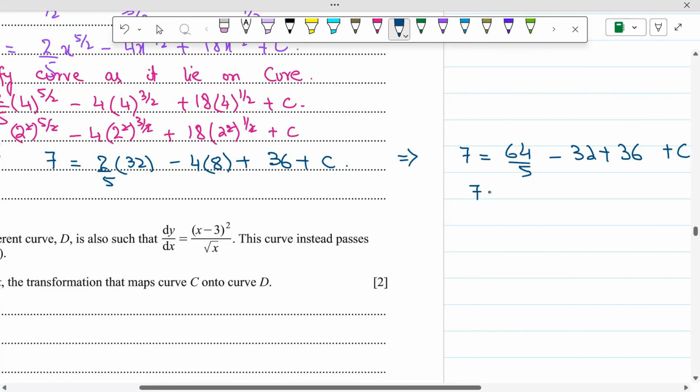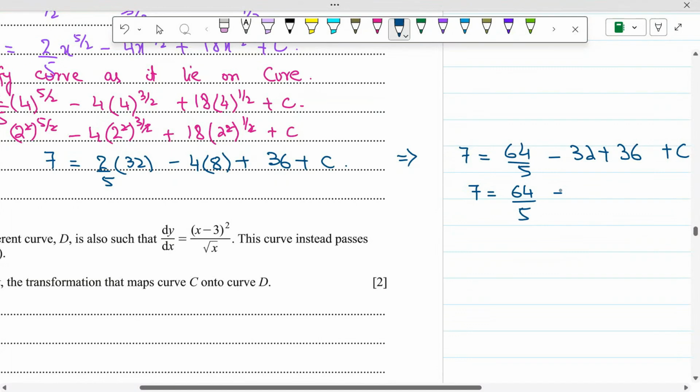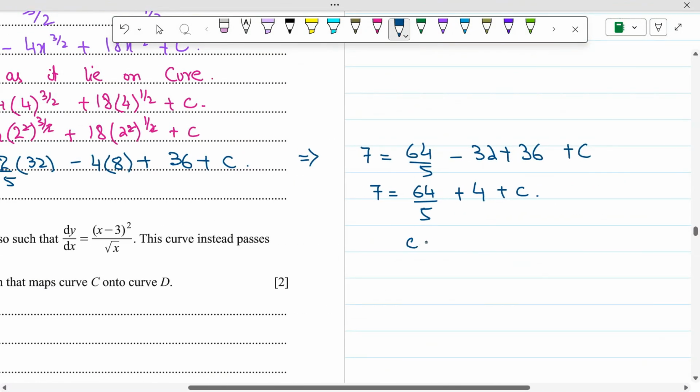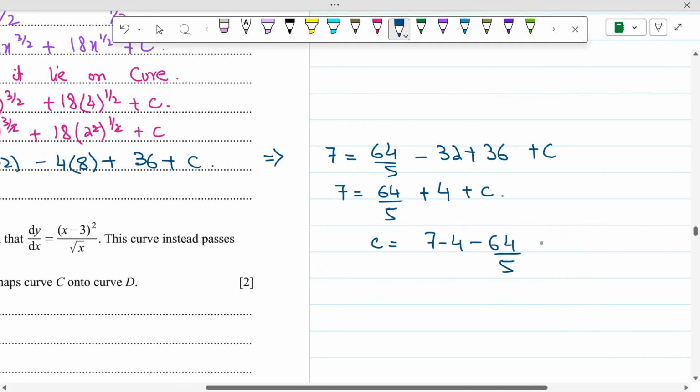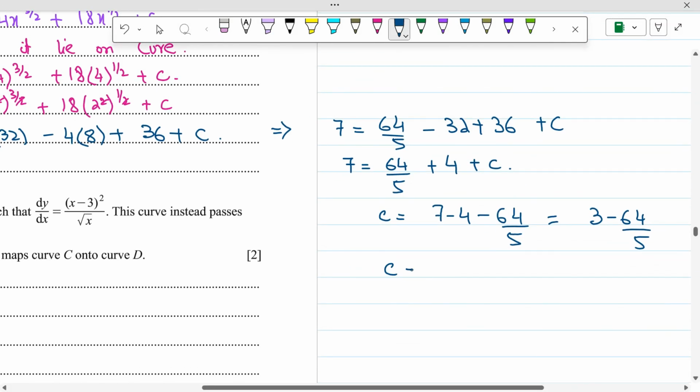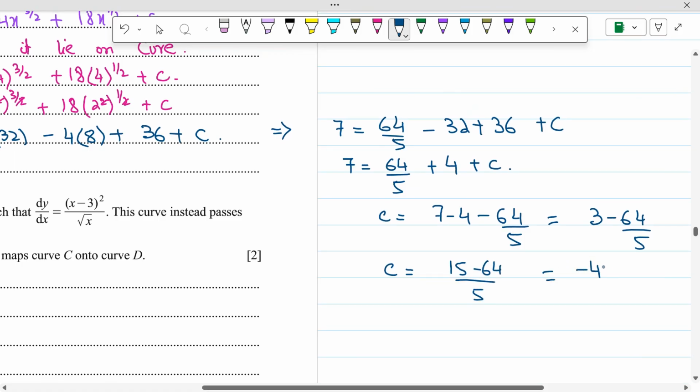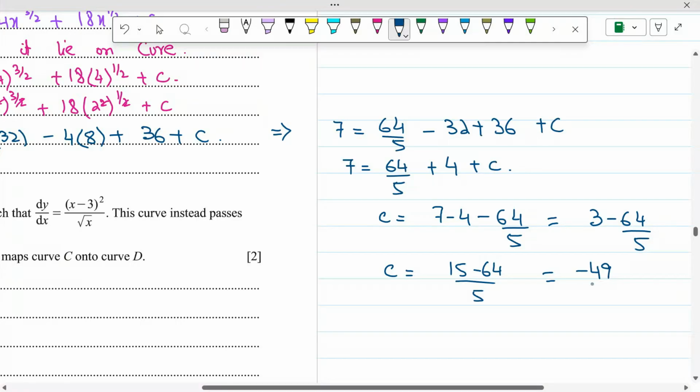And this is 7 equals 64 over 5 plus 4 plus c, and c equals 7 minus 4 minus 64 over 5, which equals 3 minus 64 over 5. So c equals 15 minus 64 over 5, which equals negative 49 over 5.